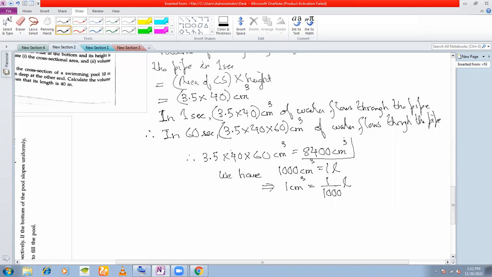How much water is flowing? 8,400 centimeter cube means 1 by 1,000 into 8,400 liters of water flows. Okay, so you can have 2 zeros cancelling. So you get 84 by 10 liters, which is equal to 8.4 liters. Clear? So you have 8.4 liters of water flowing through the pipe in 1 minute. Okay, so I'll stop here.